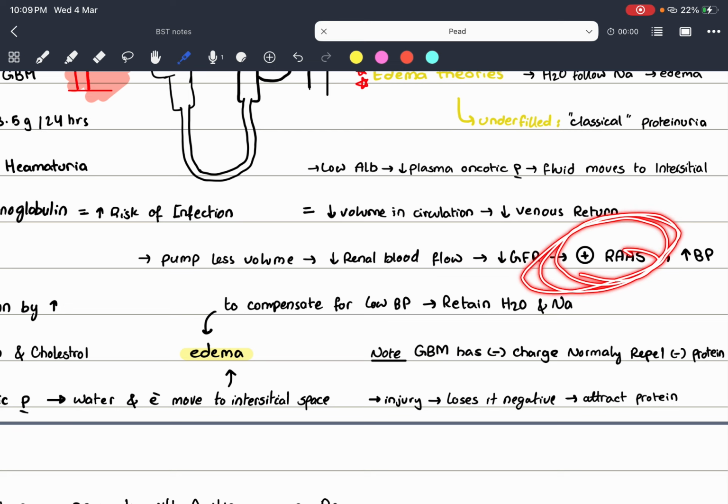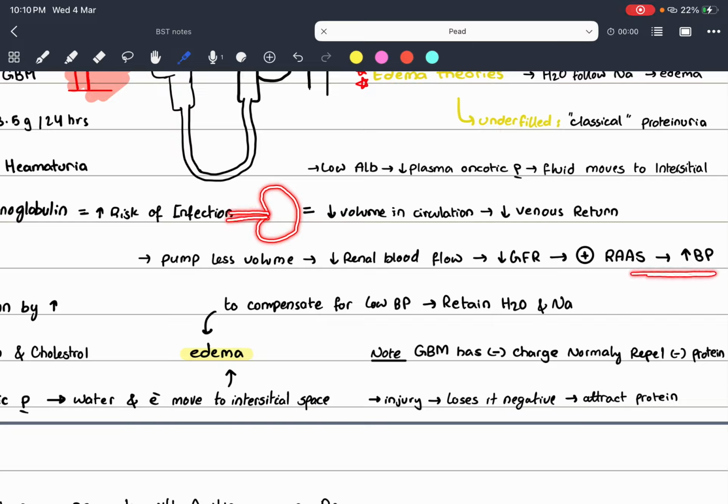Why does it activate? Because now we have low blood pressure, right? The body feels that the kidneys are just having low blood pressure. It doesn't know that there is low volume in our body. It's just asking for more blood. So it will increase the RAS system, renin, angiotensin, aldosterone, to increase the blood pressure. You get it?